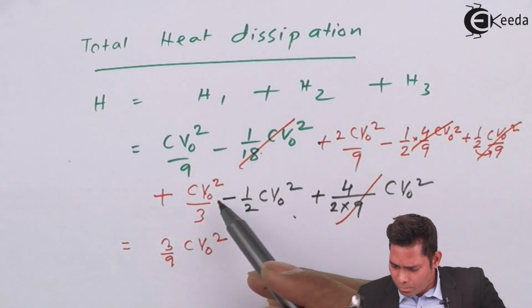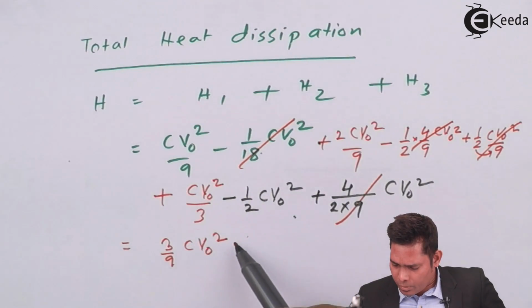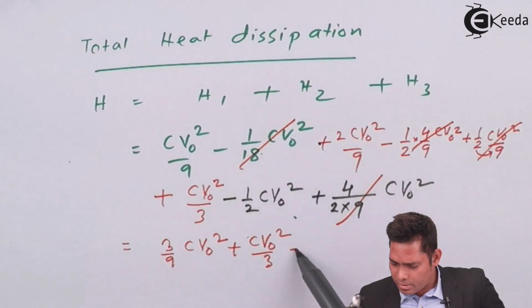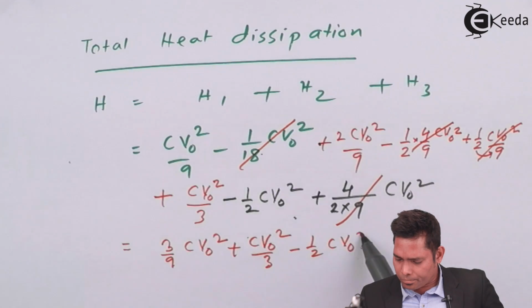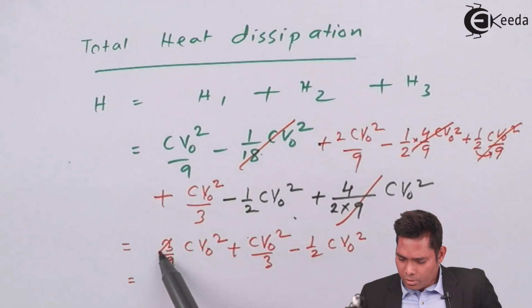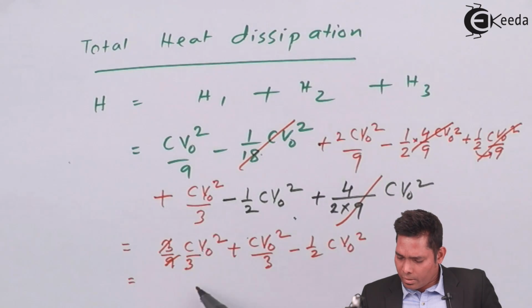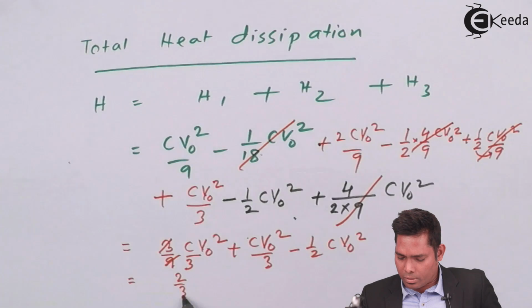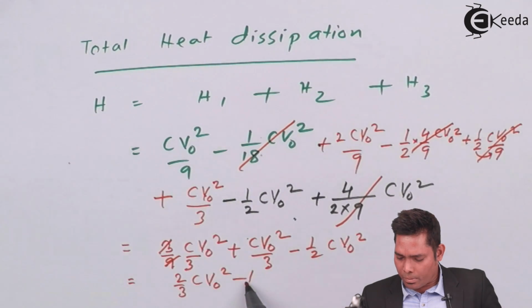And these two terms together will give us CV naught square by 3 minus half CV naught square. This is 1/3 CV naught square, and this is 1/3 CV naught square. So this is 2/3 CV naught square minus half CV naught square.